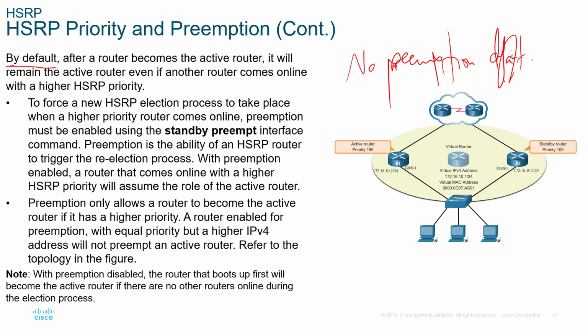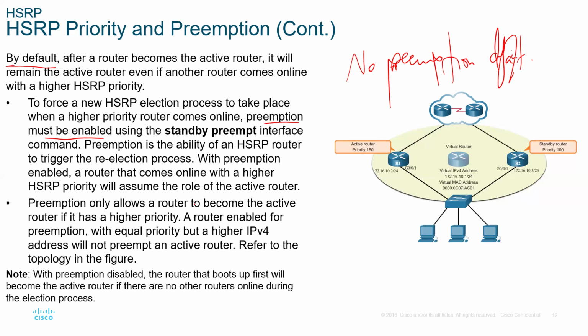However, if we enable preemption, and that's the standby preempt interface command, it means that if a higher priority router comes online in our virtual group, it triggers an election process, and the one with the higher priority becomes the active router.